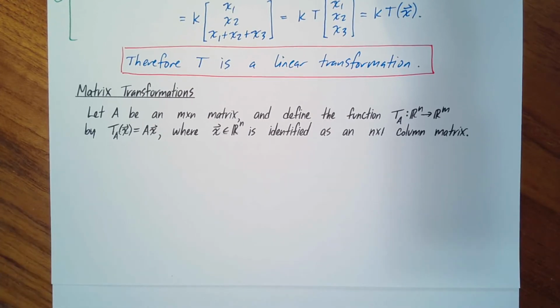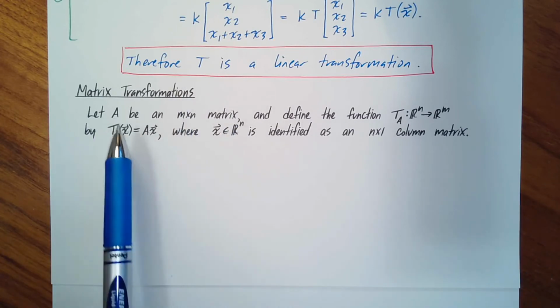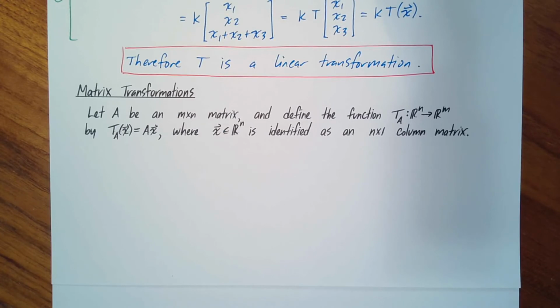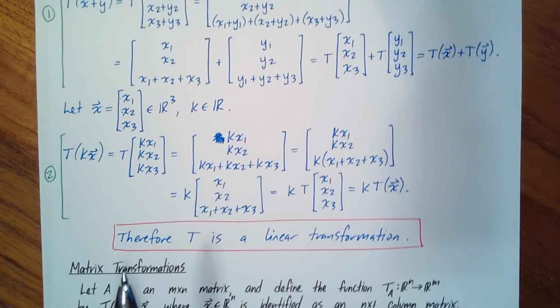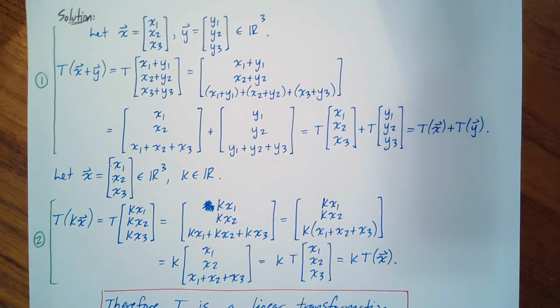And the answer actually is yes. And even though we don't know what the matrix A is, I don't even have to tell you what the matrix A is, and I can already tell you that this is going to be a linear transformation, which I think is a pretty neat fact. And what may be even more surprising is that it's easier to prove than this problem was to solve, even though we had so much specific information in this case.